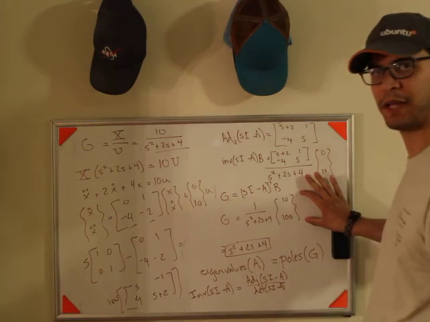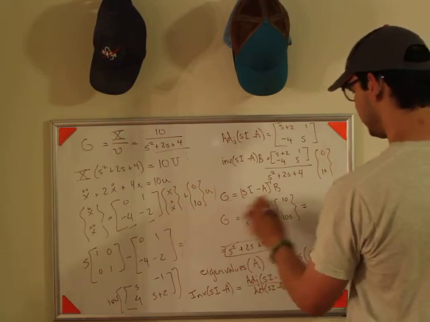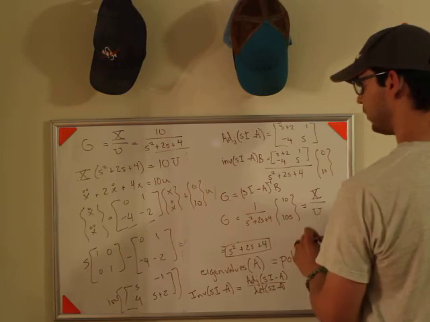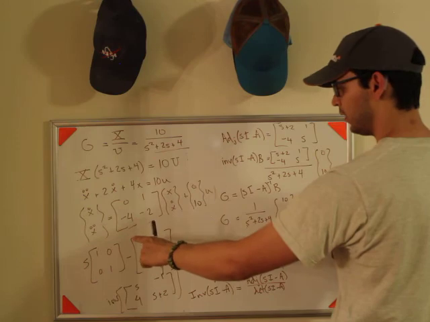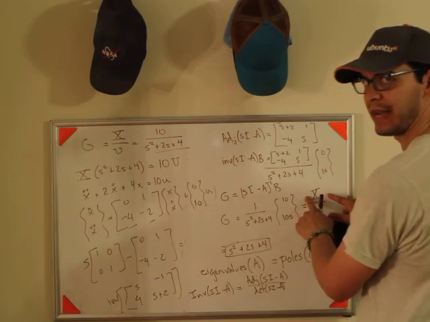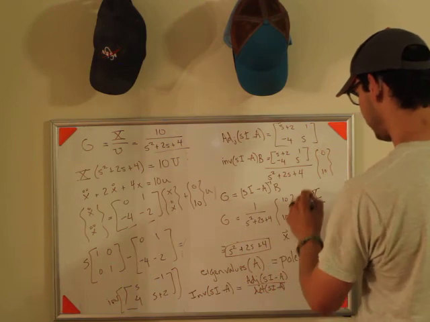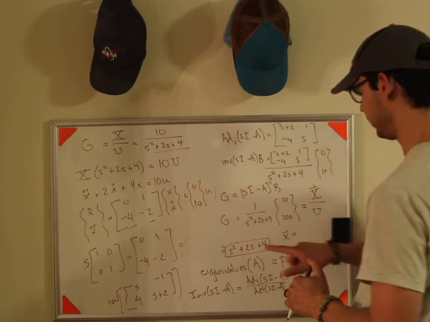Now, why do I have a matrix? Well, remember, G is big X over big U, but over here, we assumed that X was a scalar. Down here, X is actually a vector. And remember, X, so I'm going to draw a vector here to denote that this is a vector and that's a scalar.